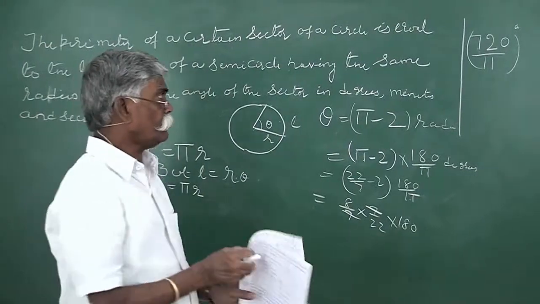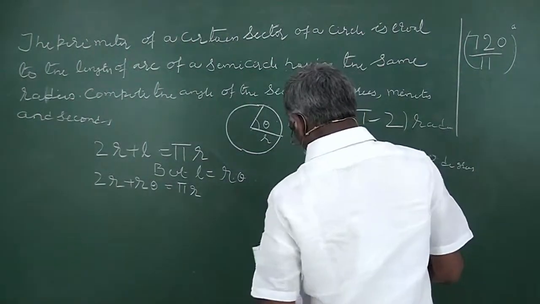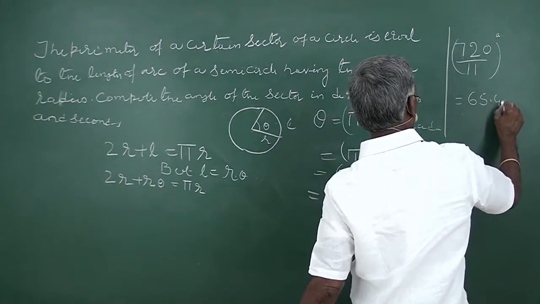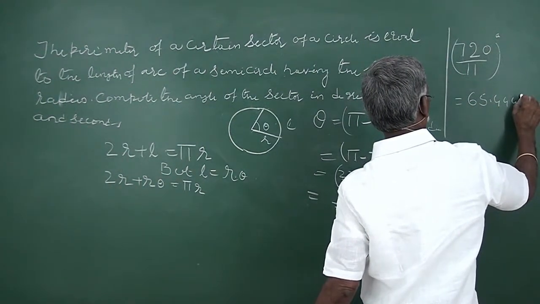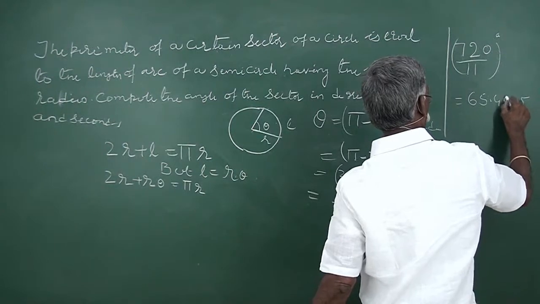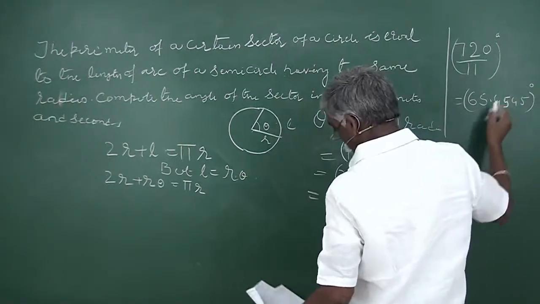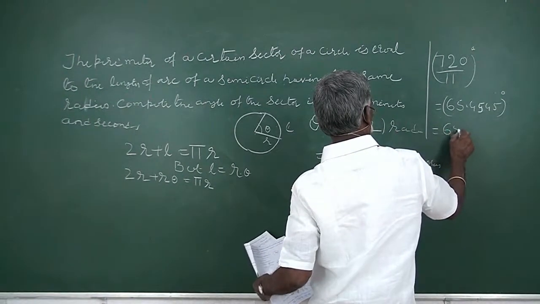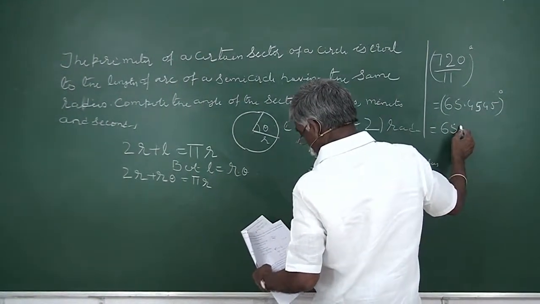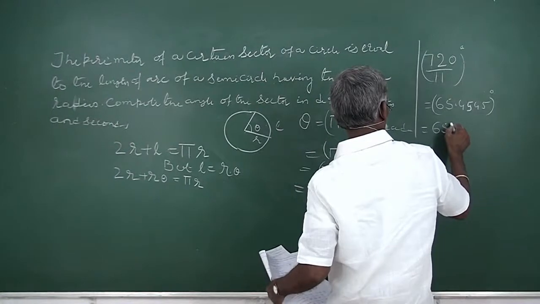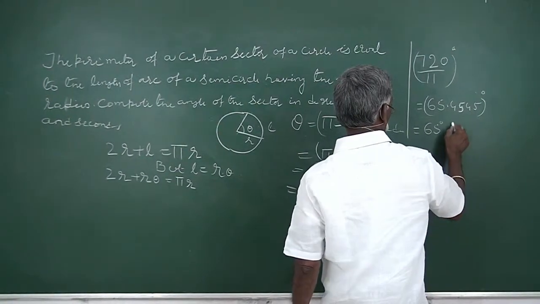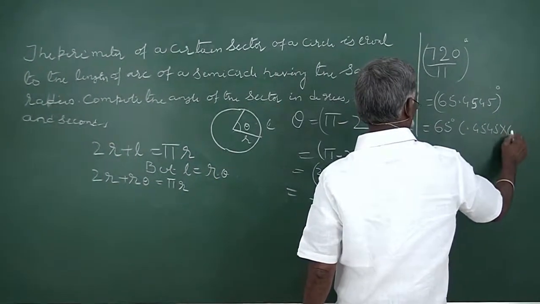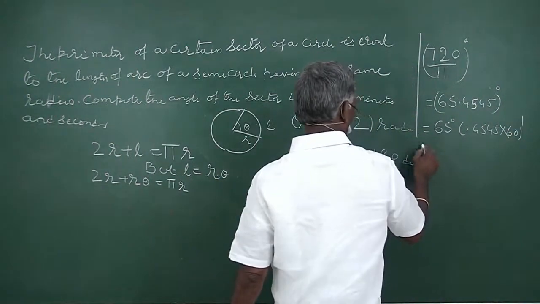On actual division, it will be 65.4545 degrees. So it is equal to 65 degrees into 0.4545 into 60 minutes.